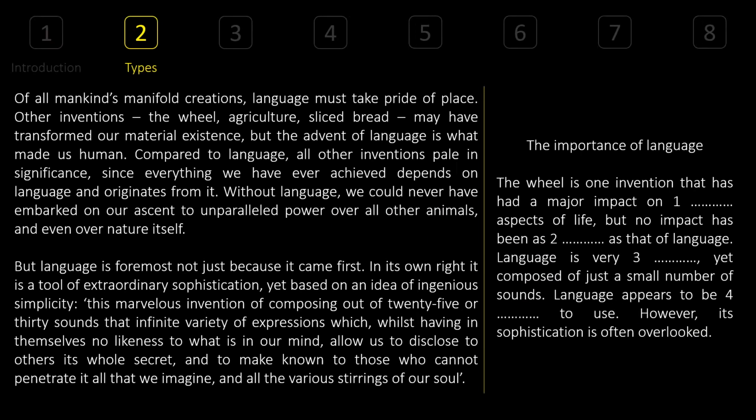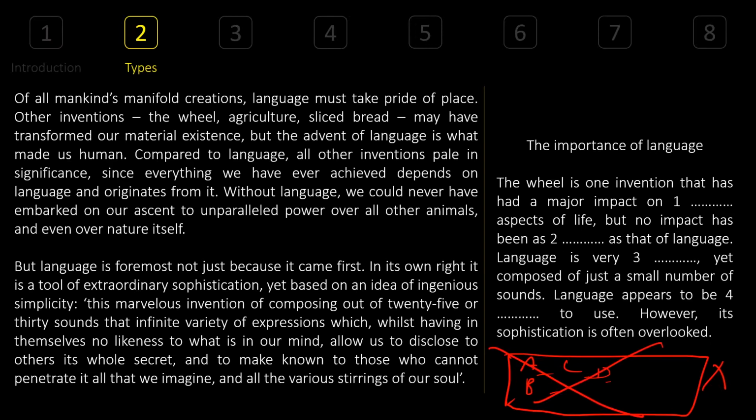Here we don't have any box providing options A, B, C or D to choose from. Of course, you have to read the passage, but there is no box with words or phrases.